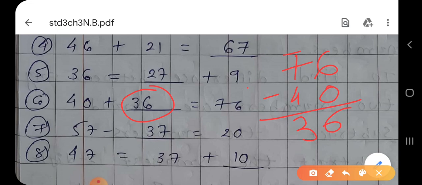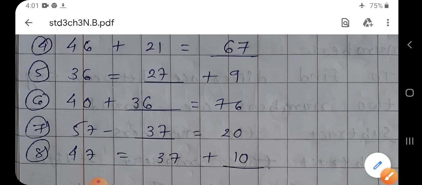Seventh number, 57 minus blank is equal to 20. So we have to subtract which number from 57 to get the answer 20?